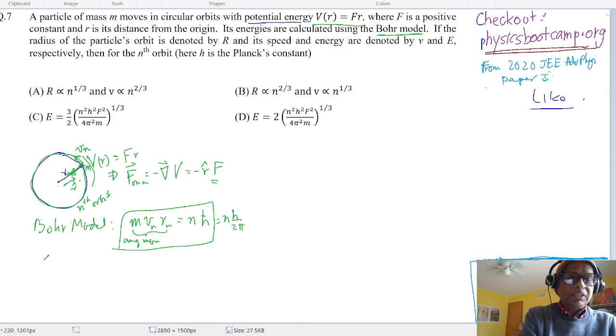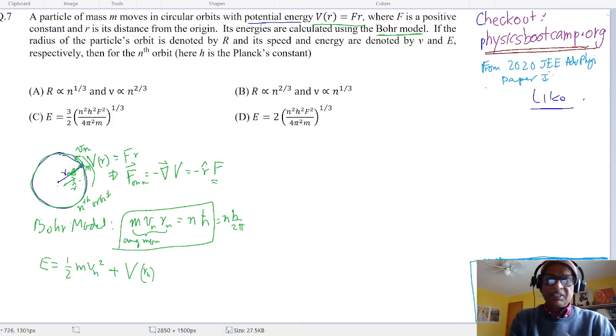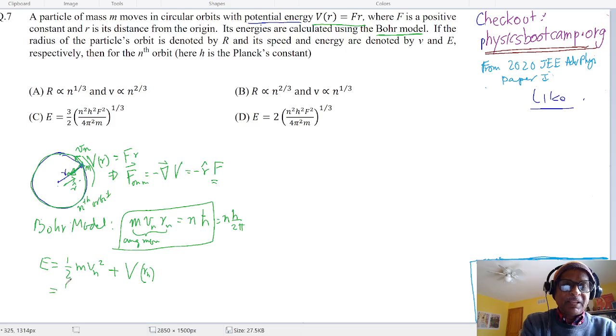And the energy will simply be half m v_n squared plus the potential energy at r equals r_n. So this is the Bohr model, and I can use the angular momentum condition to rewrite the kinetic term as n squared h bar squared over r_n squared, kind of like this.